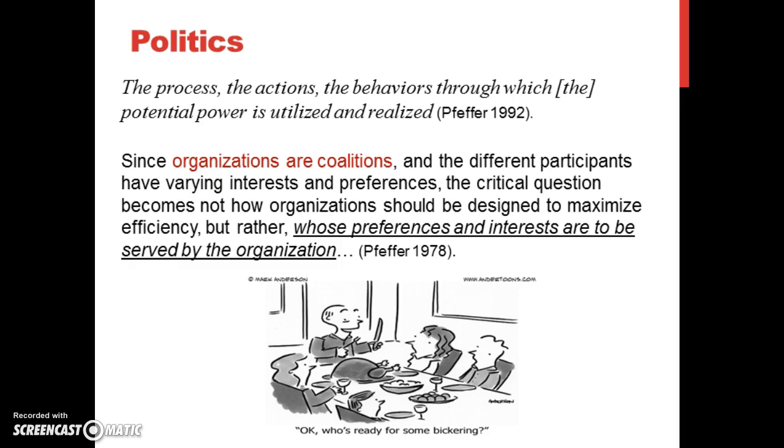He argues that since organizations are coalitions of different participants with varying interests and preferences, the critical question becomes not how organizations should be designed to maximize efficiency, but rather whose preferences and interests are to be served by the organization.